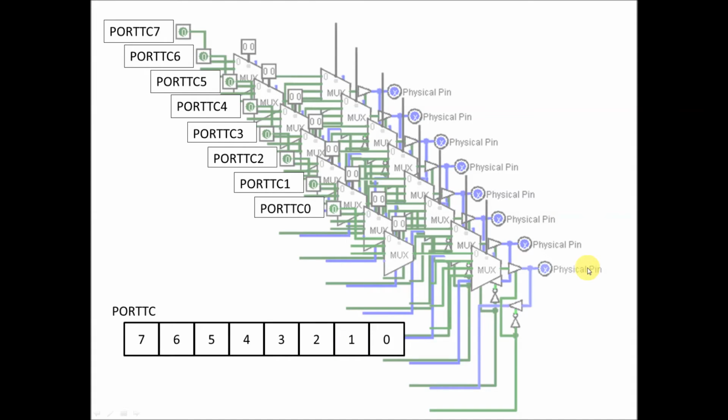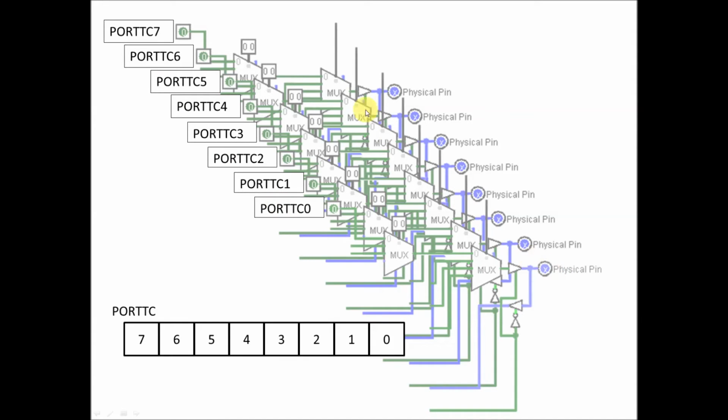Now, each of these physical pins has an associated bit. So, for instance, physical pin TC0, bit 0 of port TC, has 1 bit of 8 that all configure it. We arrange these things into ports. Every port has 8 bits in it.